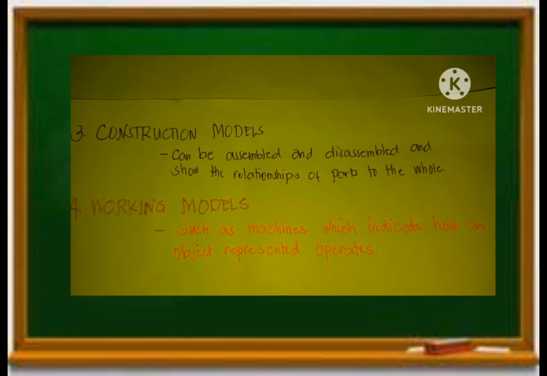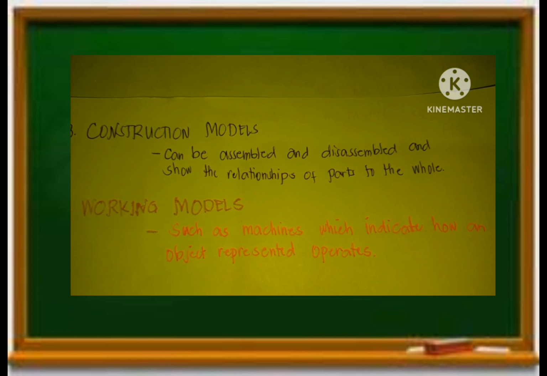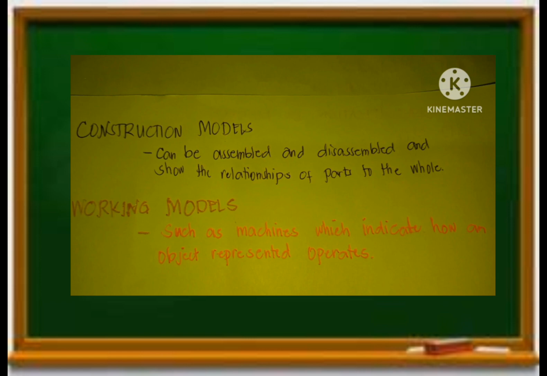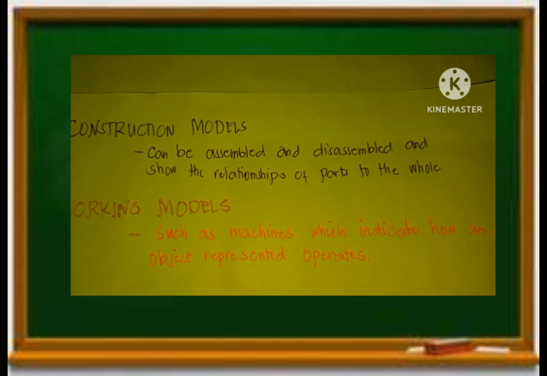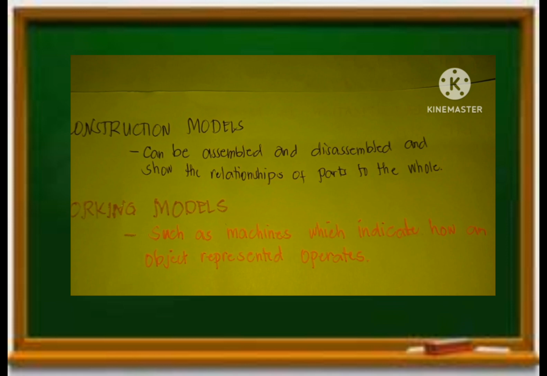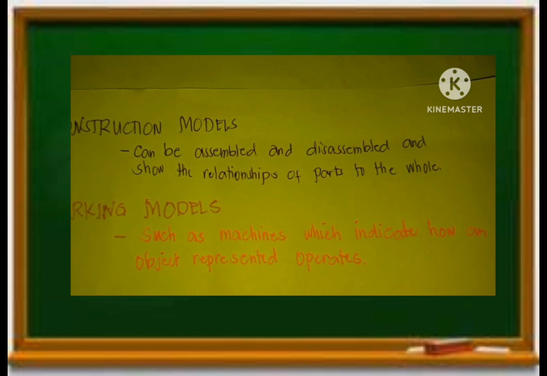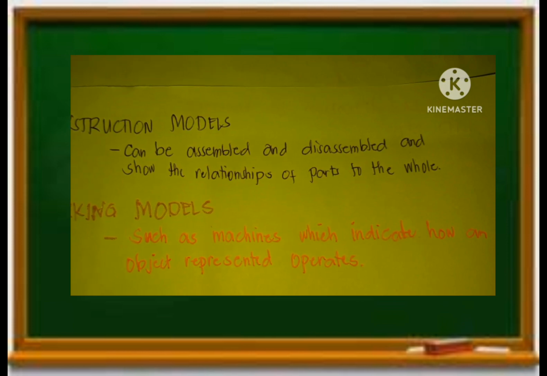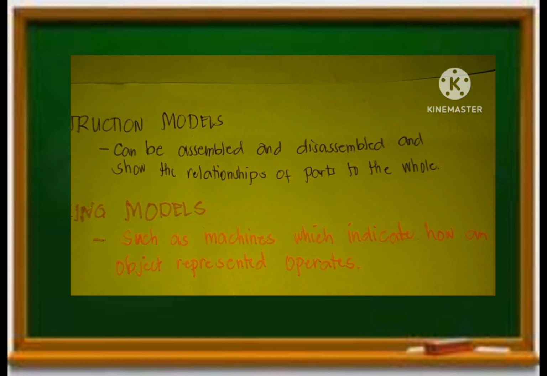And the working models, such as machines, indicate how the object represented operates. Working models enhance systems thinking abilities, pointing out how a thing or machine functions, an actual machine that can do on a small scale the work which the machine itself does or is expected to do.